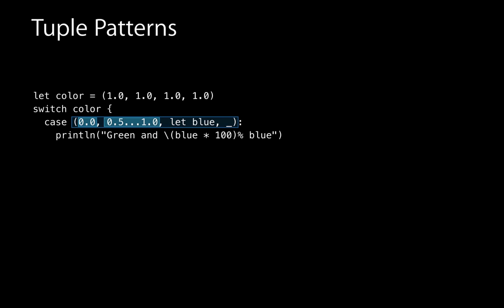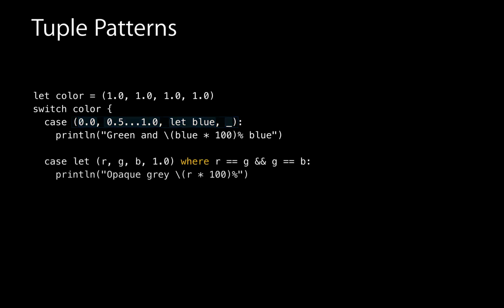We can match green against a range of values, bind blue to a variable, and ignore the alpha component, all in a single pattern. We can also match out multiple values and test additional conditions with those values using a where clause. Here we're testing that they're all equal to see if it's a grayscale value.